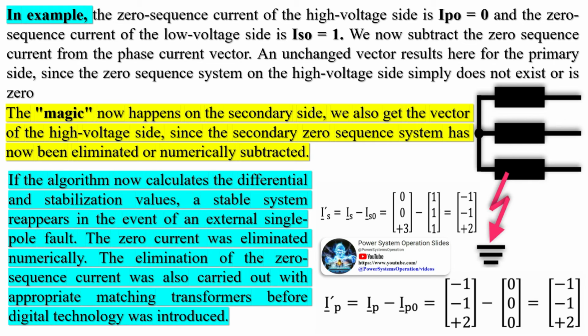If the algorithm now calculates the differential and stabilization values, a stable system reappears in the event of an external single-pole fault. The zero current was eliminated numerically. The elimination of the zero-sequence current was also carried out with appropriate matching transformers before digital technology was introduced.